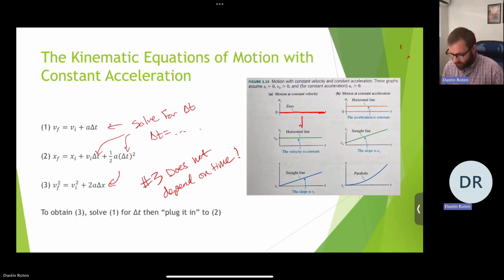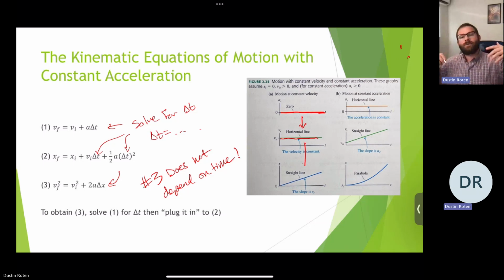So now we have this constant velocity. No matter where we go on the plot, our velocity is going to be the same value. So that means no matter what period in time we're looking at, the object has the same velocity. Now, since that's the case, that means our position as a function of time is going to be linear. It's going to be a straight line.